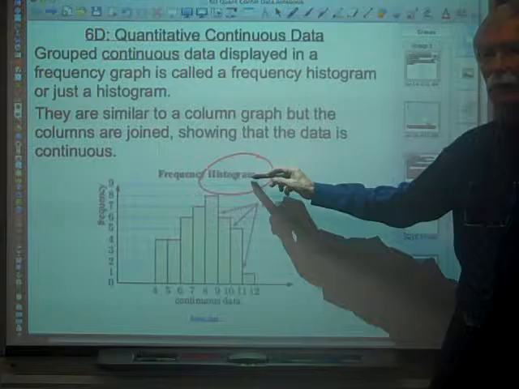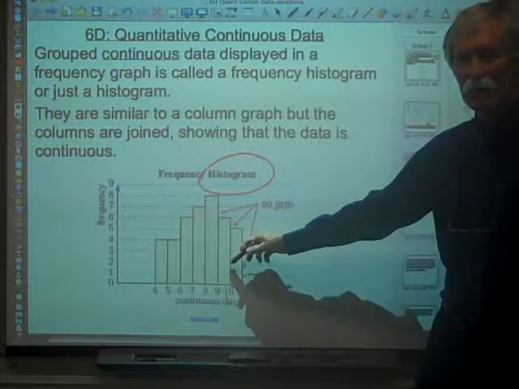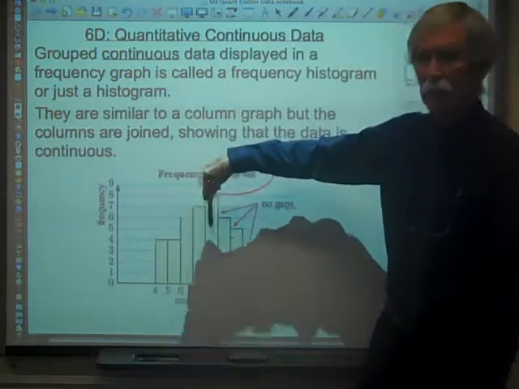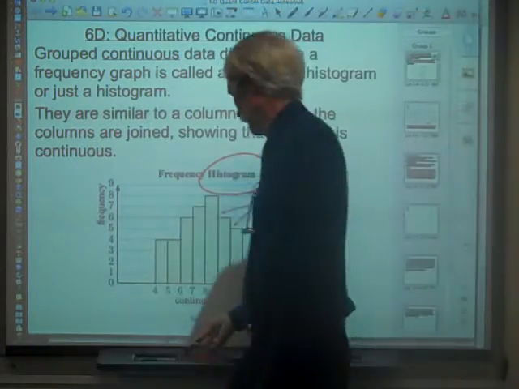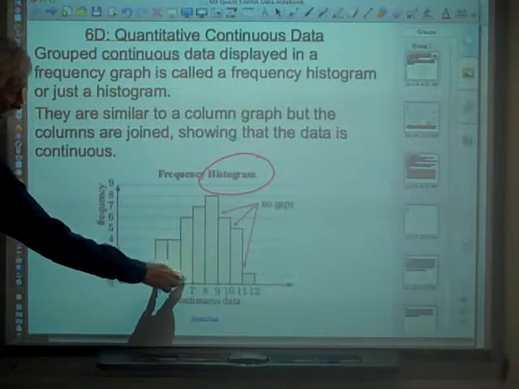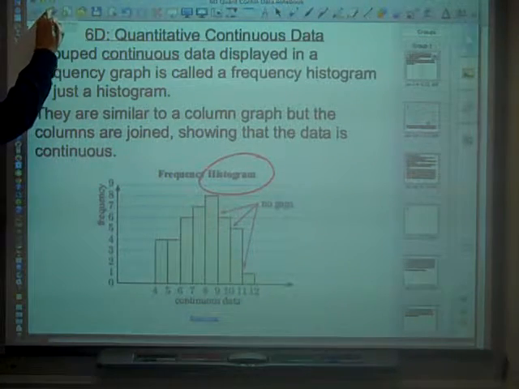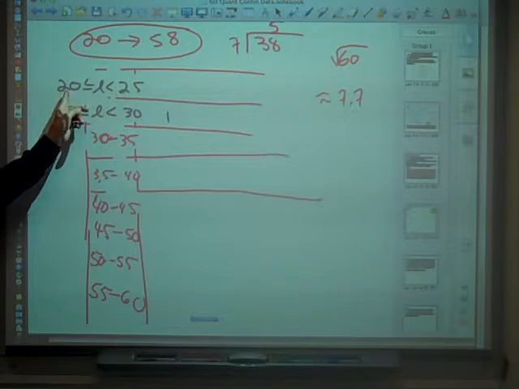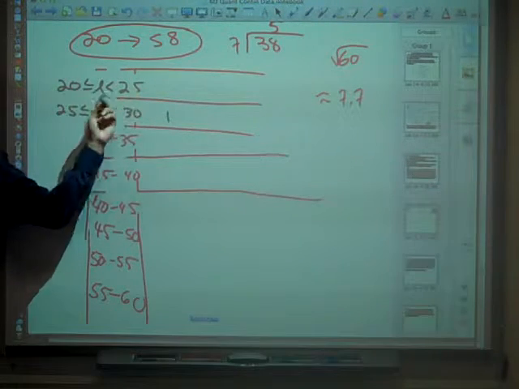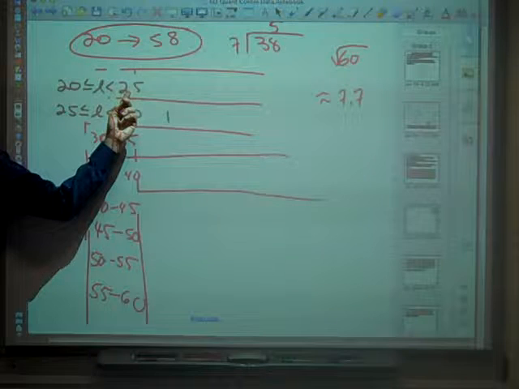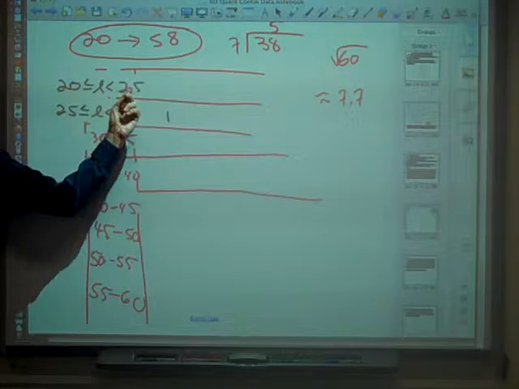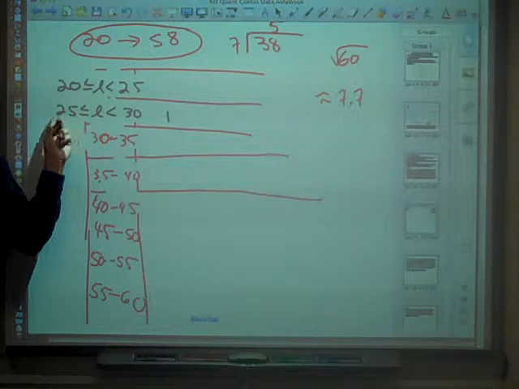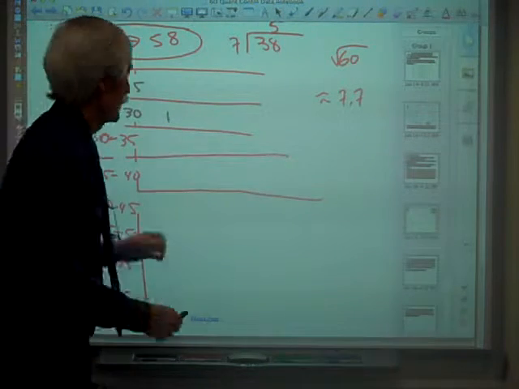So a frequency histogram implies continuous data, which implies build your table with the continuous categories and build your charts with touching bars. And what do I mean by continuous categories? This goes all the way up to 24.999999. So this is continuous, and then once it hits exactly 25, it jumps down into here. There's where 25 exactly will go.